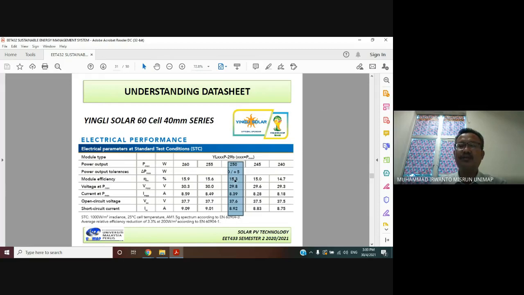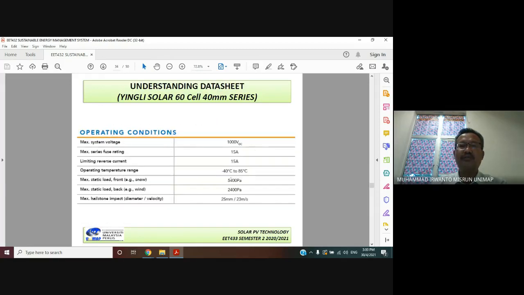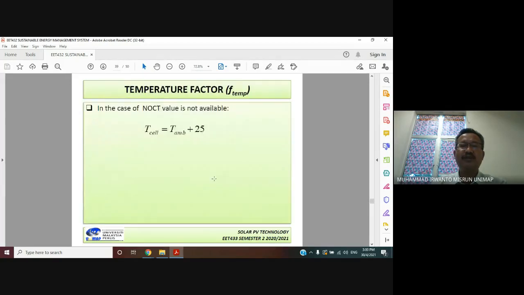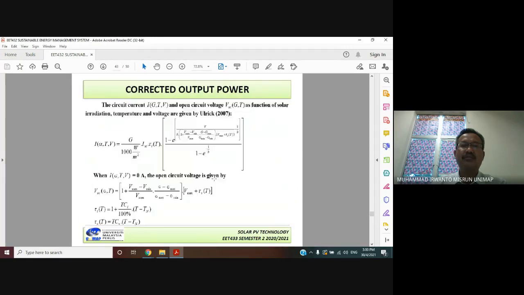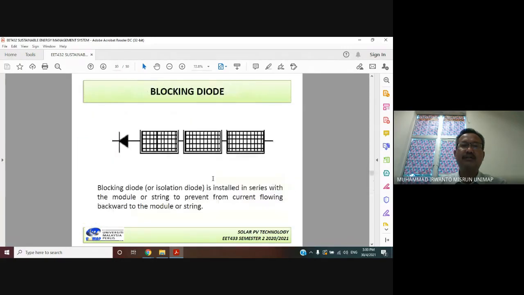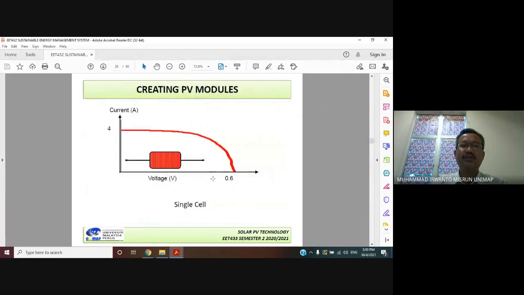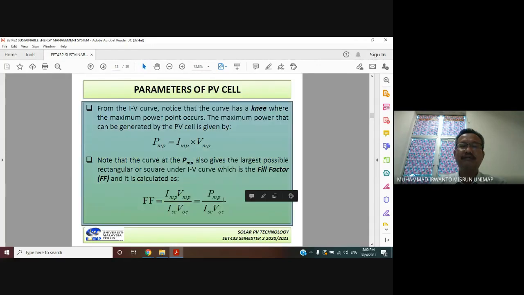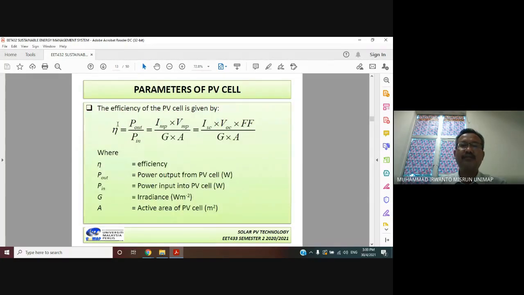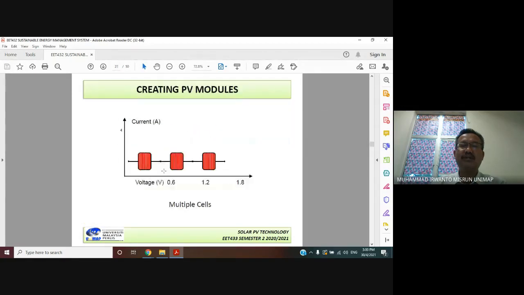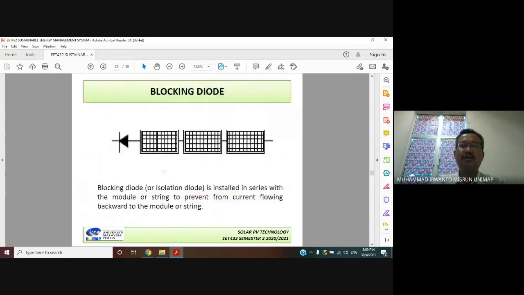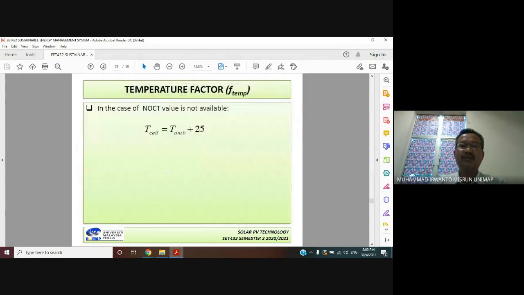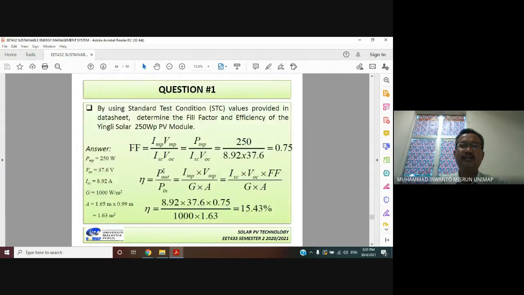After that, when we want to calculate the fill factor, we can use the formulation of the fill factor. And for efficiency, we can use this formulation. So we can calculate the value of fill factor and also the value of efficiency.